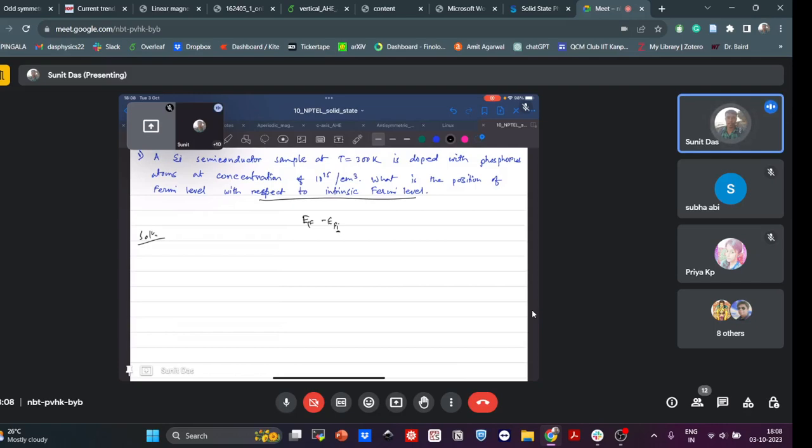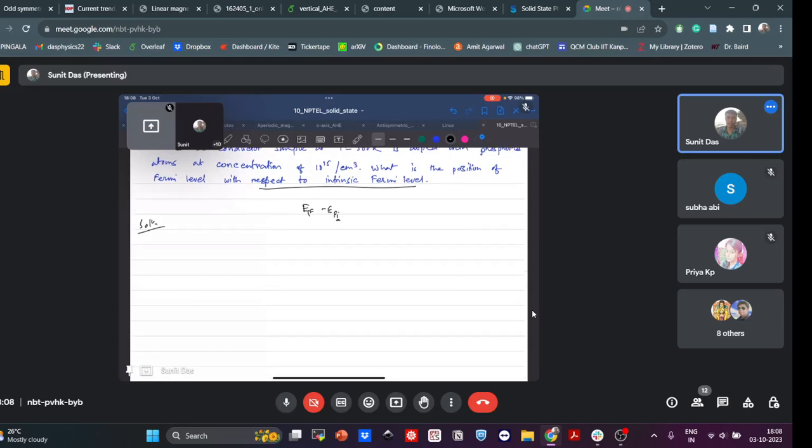So what will be the formula? So what we know is that for donor type atoms, we have n equal to capital N donor, e to the power minus (E minus EF) by kBT.